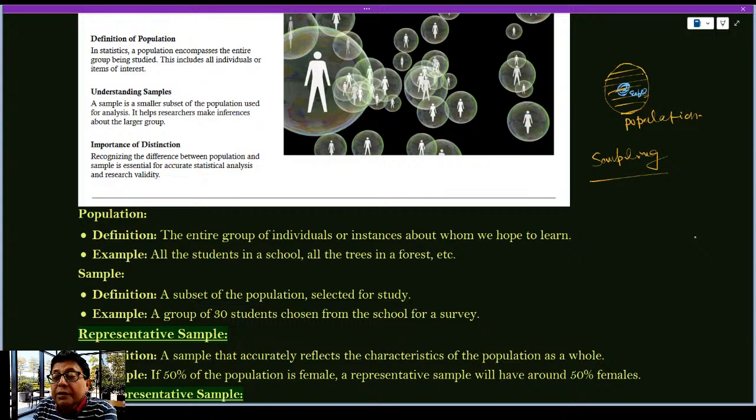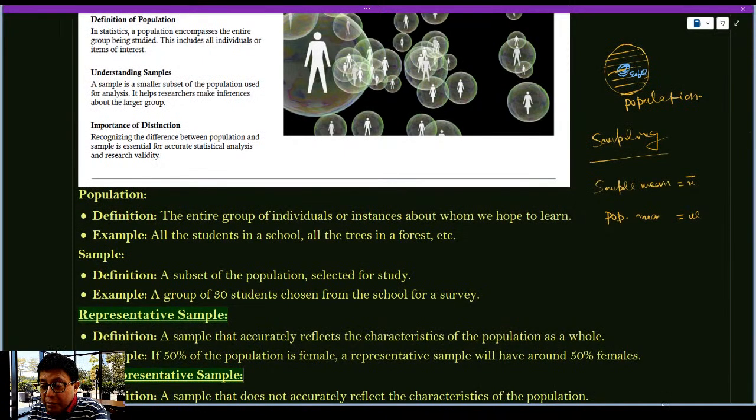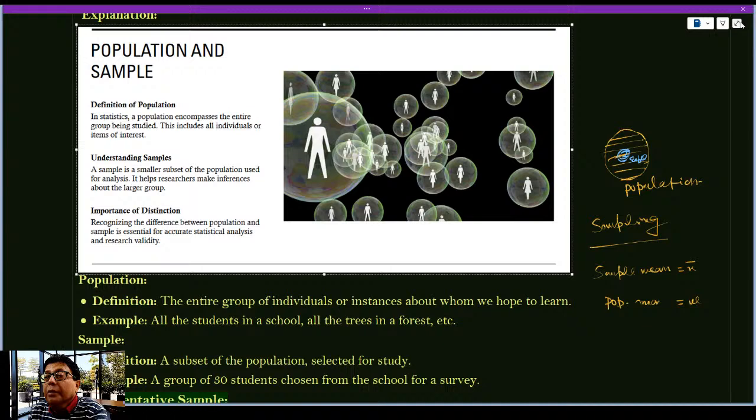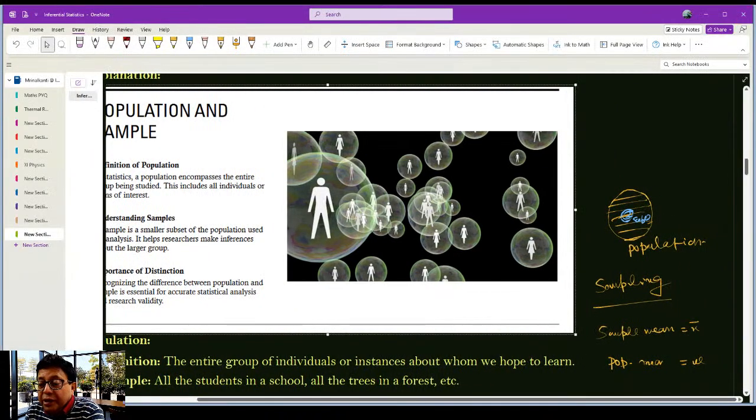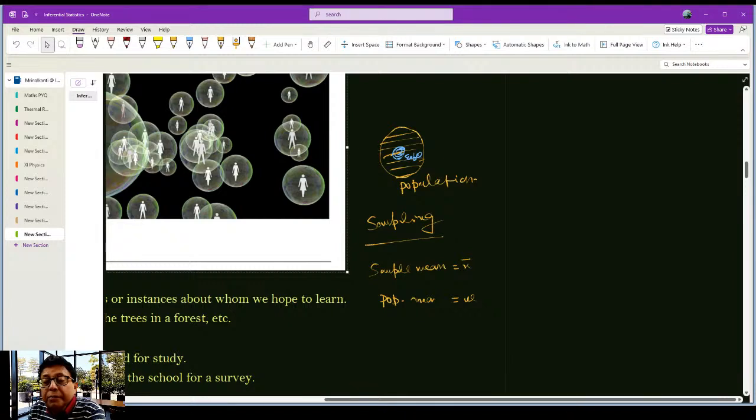So if you see that the sample mean is X bar, population mean is mu.